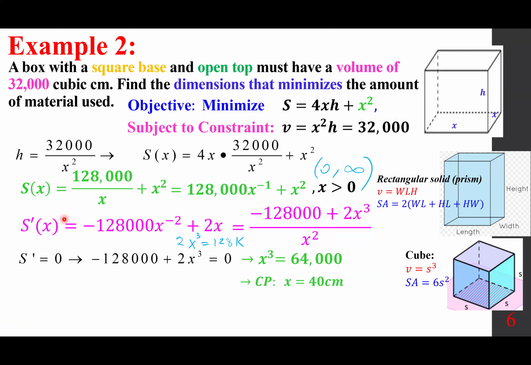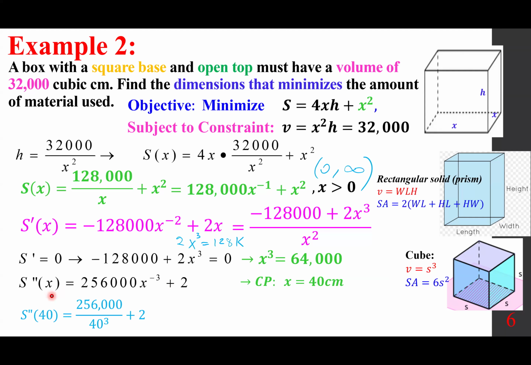S double prime. I'm going to use this one, not this one, to do that. The product of these two is positive 256,000 x to the power of negative 3, plus 2. Now the second derivative test says plug the critical point into s double prime and observe whether it's positive or negative. That's all we are interested in.